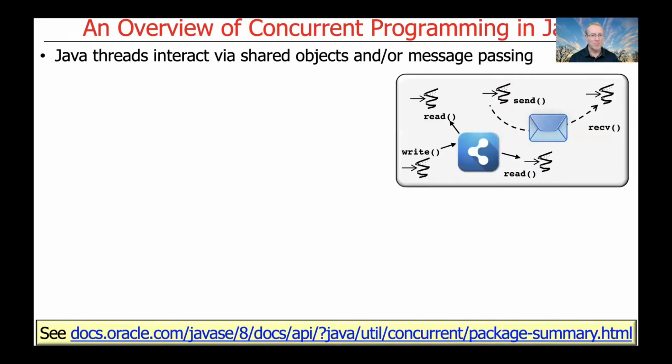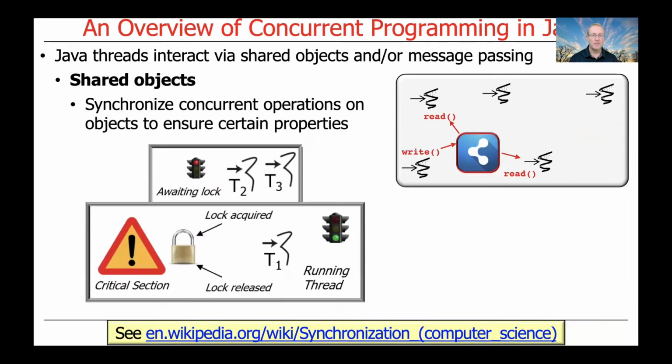As we discussed in the previous video, Java threads can interact via shared objects, also known as synchronizers, and/or by using message passing. Shared objects are used to synchronize concurrent operations on objects to ensure certain properties are obeyed. So here's a good example.